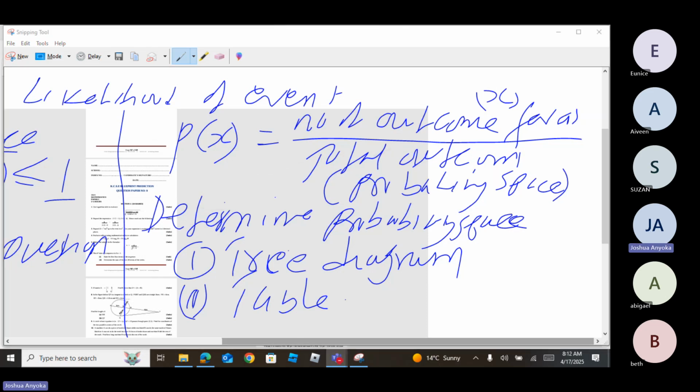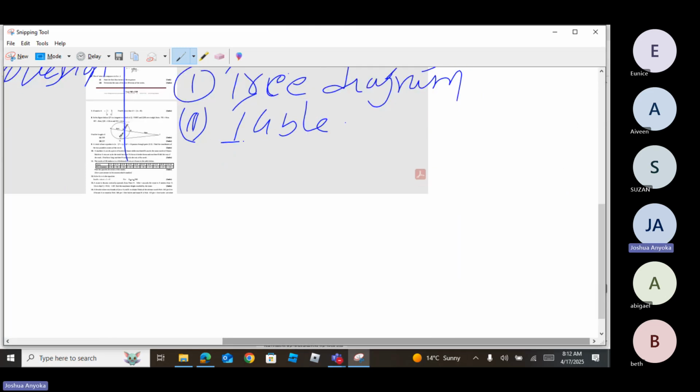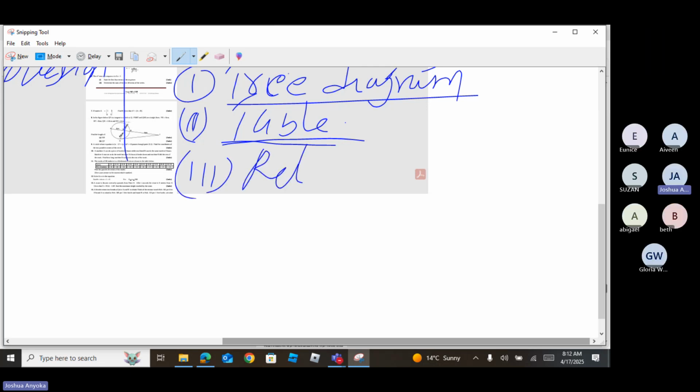Before we go to a question, we are supposed to know how to determine probability space either by tree diagram or by a table. And some will require real life situations that will be asking for being very realistic.